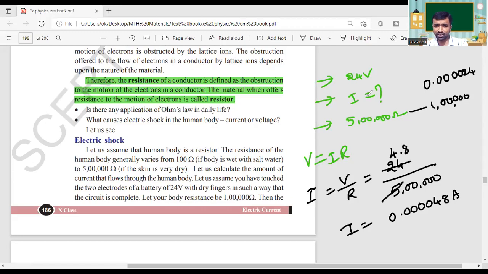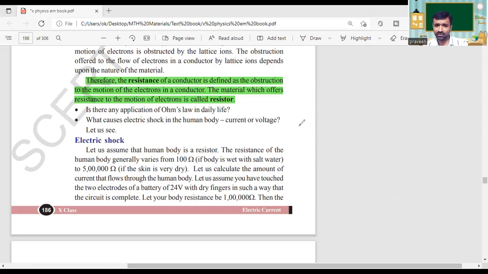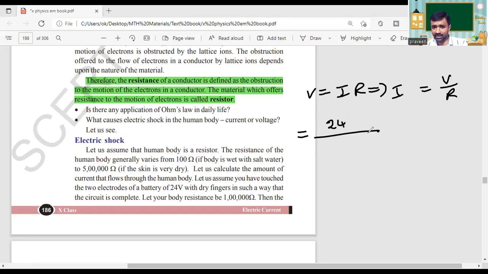I made a mistake in the revision. Okay, once again I will solve. V equals IR, then I equals V by R. So what is the value taken for V here? 24 volts. Then suppose the resistance is 100,000, 1 lakh.